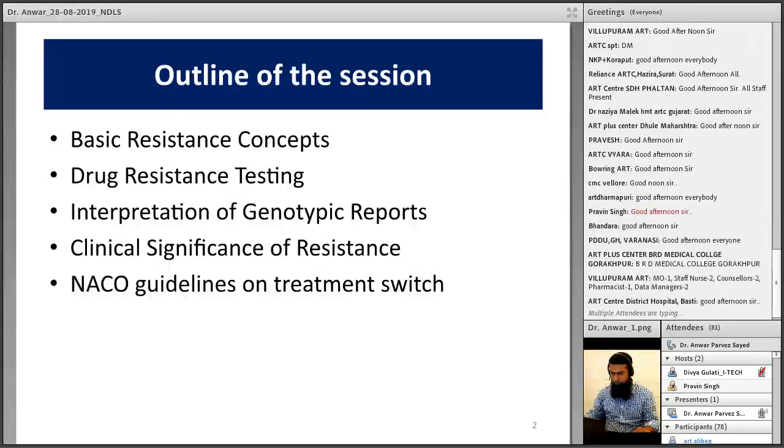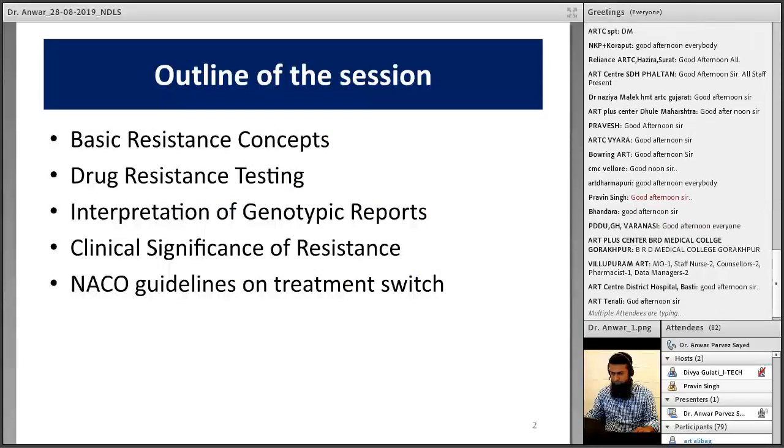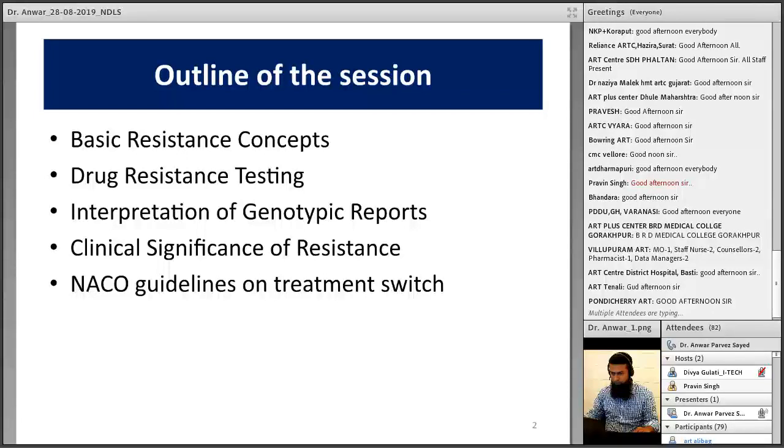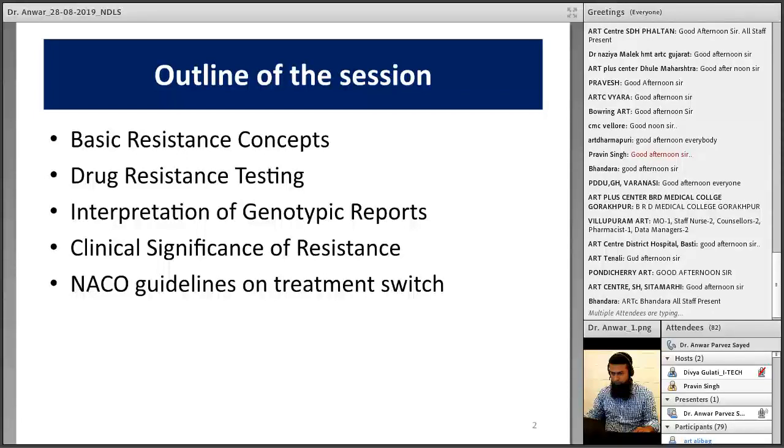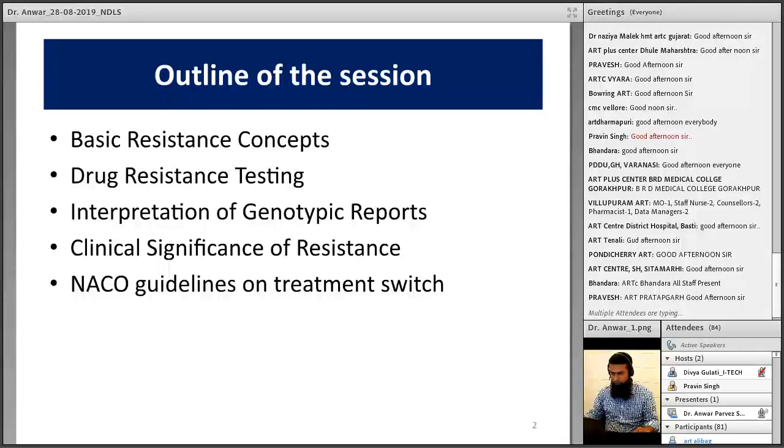So this will be the session content today. The basic concepts of resistance to antiretrovirals. When we deal with HIV positives at the ART center and start them on ART, there are certain tools which we in the program do not use for diagnosing resistance, for example resistance testing.